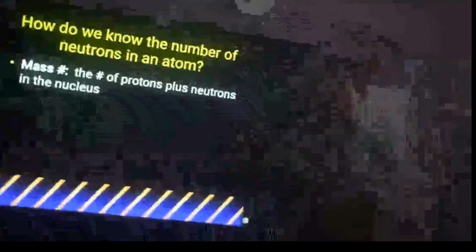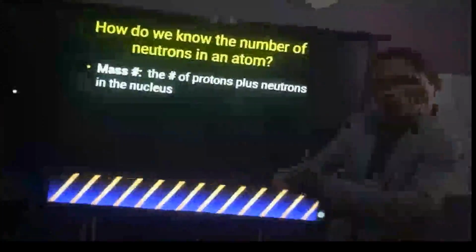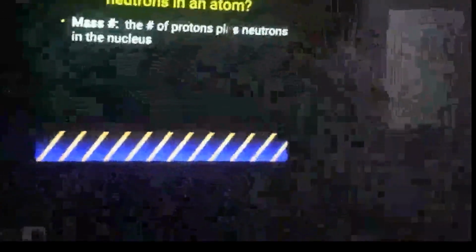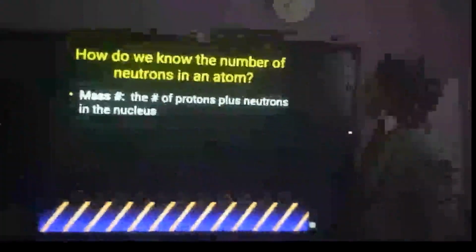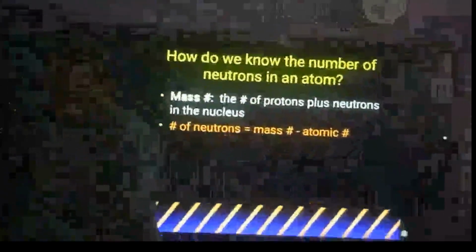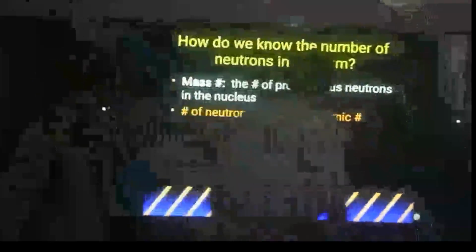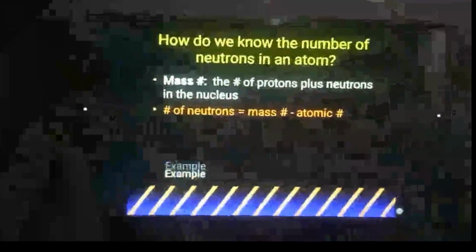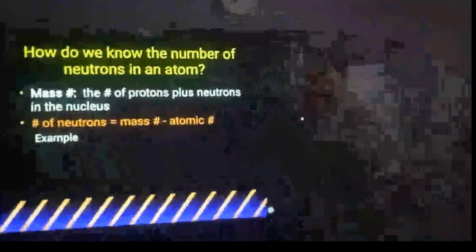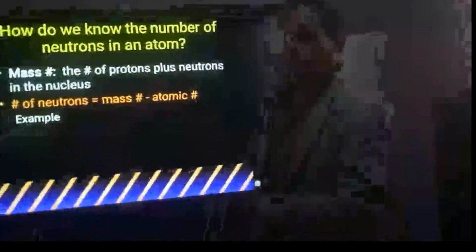The mass number is the total number of both protons and neutrons found inside the nucleus. That means when we calculate the number of protons plus neutrons, we get the mass number of an atom. So if you want to find the neutron number, we have to subtract the atomic number from the mass number.